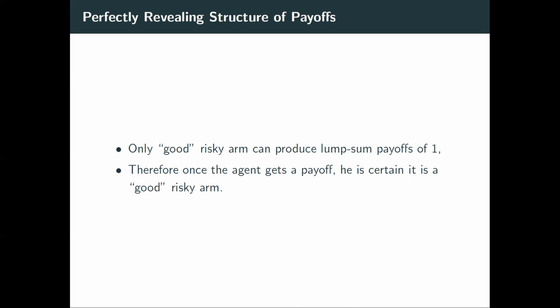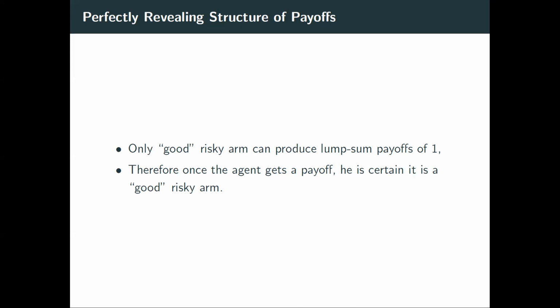So receiving zero in continuous time is suggestive about the type of the arm. Because you observe no arrivals, intuitively you should become more pessimistic about this arm. But at the same time, you are still not certain.